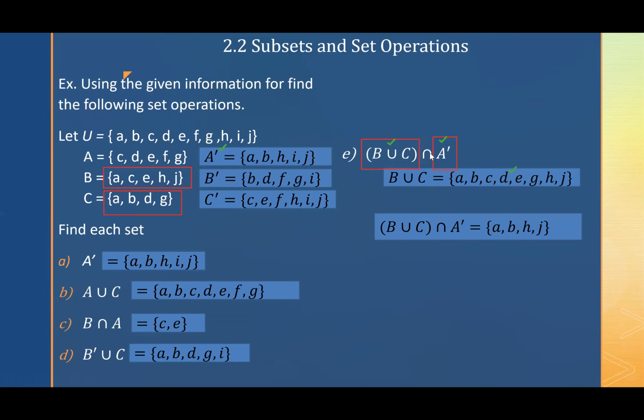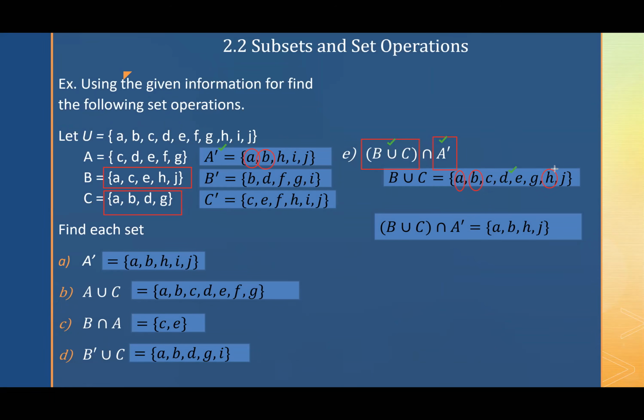Now, to finish this problem, remember what the intersection is? The intersection tells me, look at this region and look at this region. What do they share? What do they have in common? Do you agree that they share A? They share B? They share H?